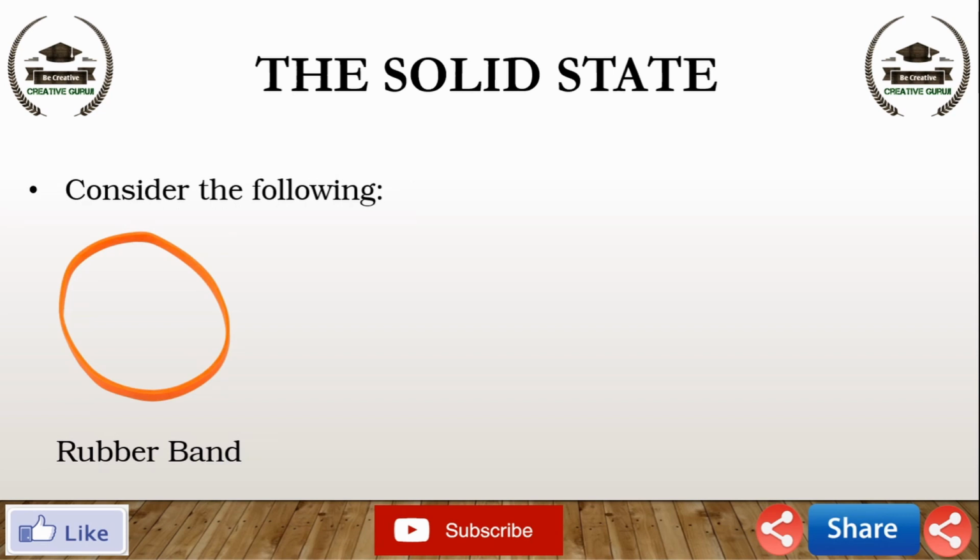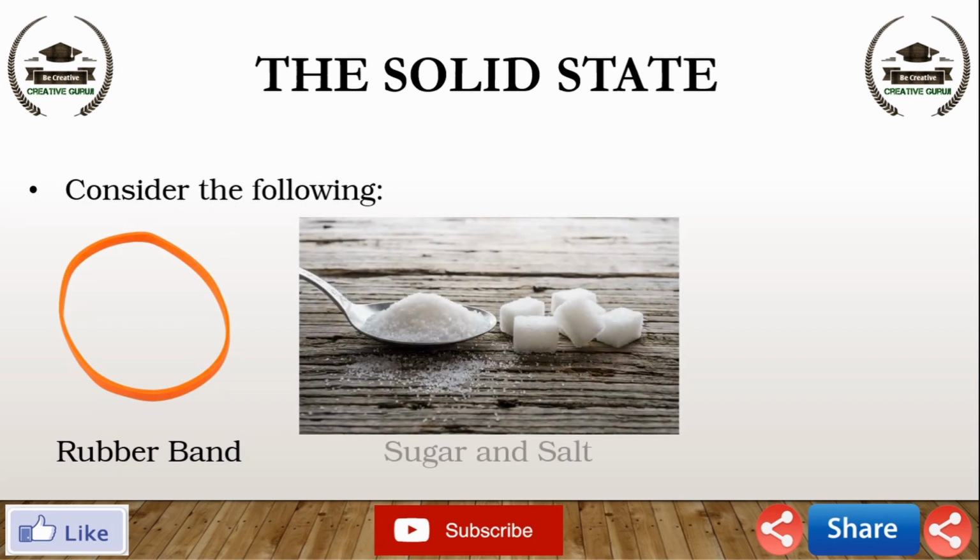But what about sugar and salt? When kept in different jars, these take the shape of the jar. Are they solid? The shape of each individual sugar or salt crystal remains fixed, whether we take it in our hands, put it in a plate or in a jar.